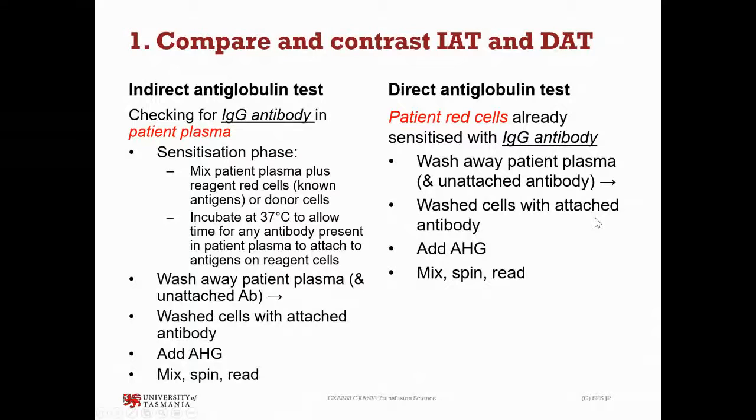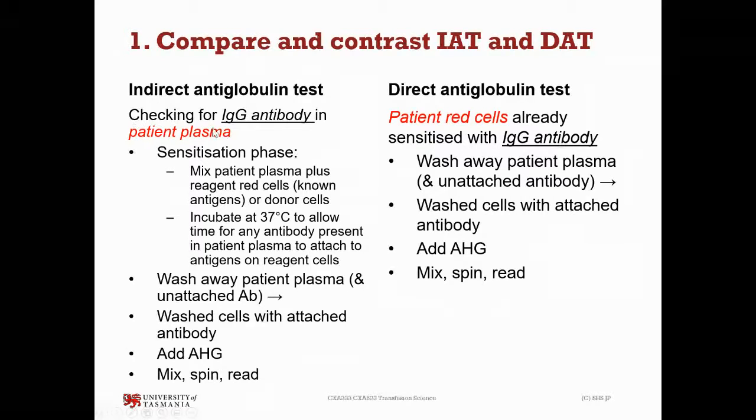When we are comparing and contrasting our indirect antiglobulin test and our direct antiglobulin test, remember, compare and contrast means what's the same and what's different. The first thing that's different we'll go to.